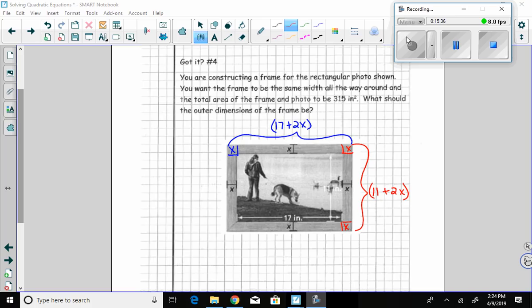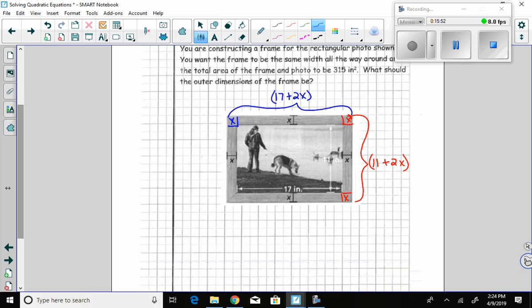So you should know that the side is 11 plus 2x, because there's two x's here, right? Two parts I don't know. And then the top, or the bottom, is 17 from the photo, plus the two x's that I don't know on the sides. So I do know area of a rectangle is length times width. Well, here's my length, here's my width, so I'm just going to plug it in.